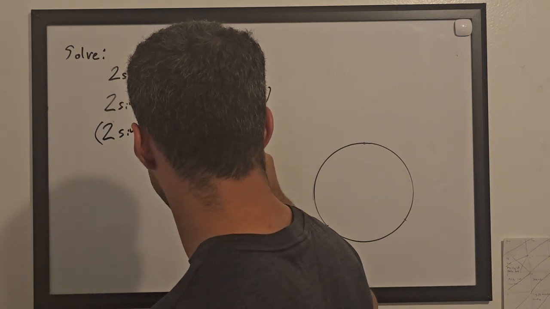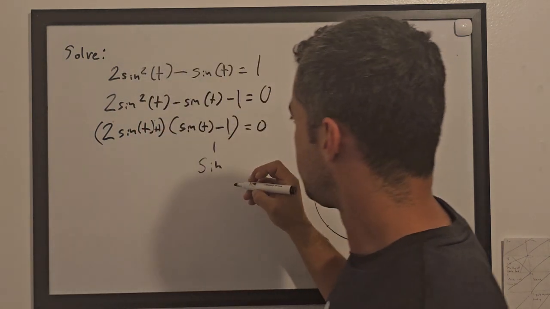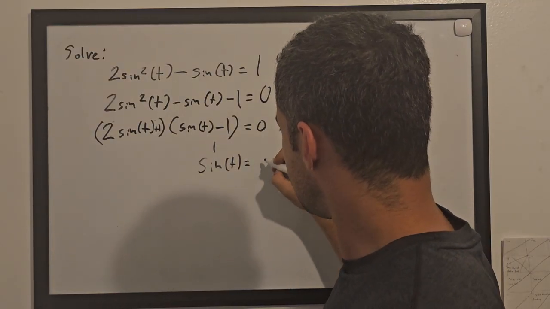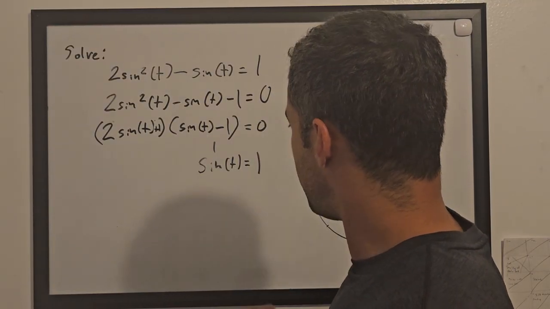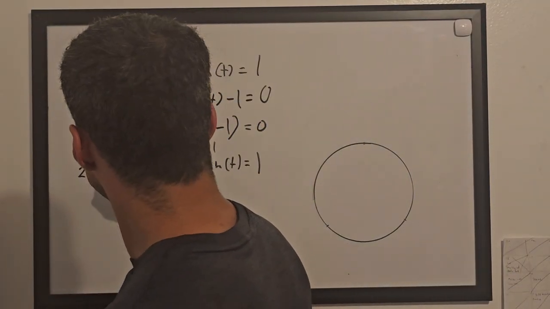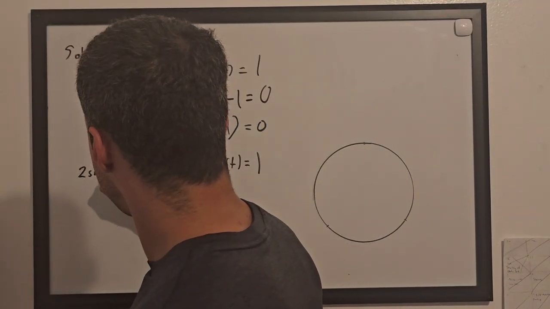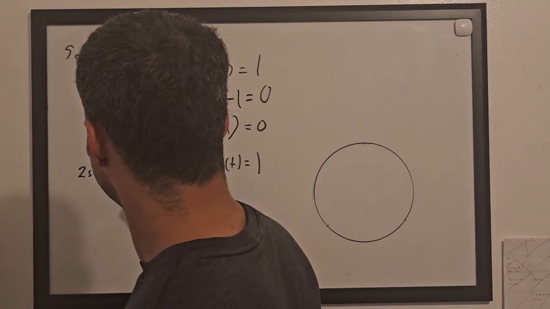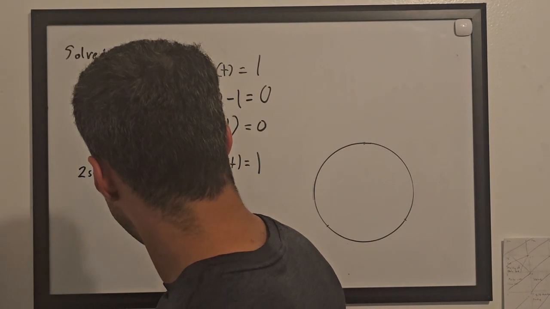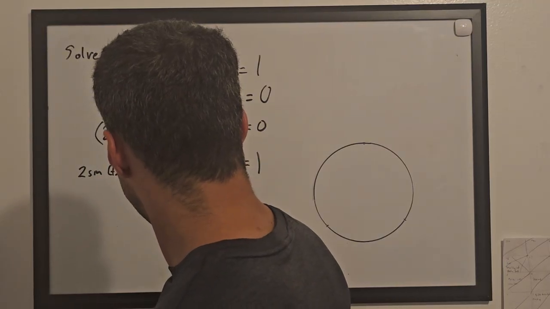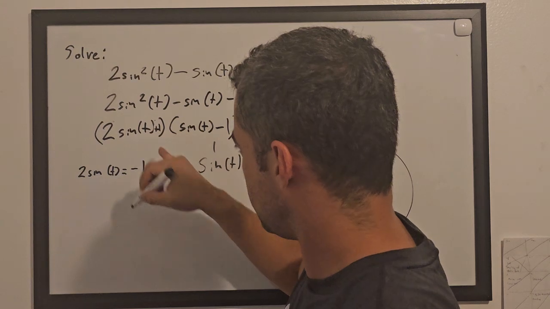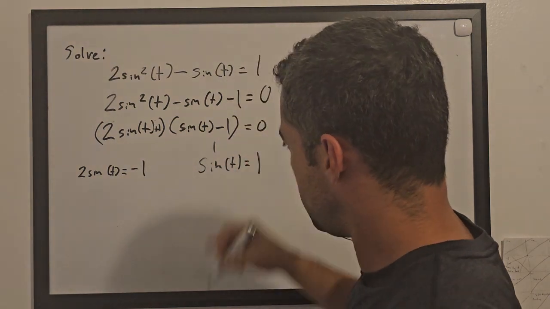This one becomes sin, reference angle t, equals +1, and this one is going to be 2 sin, reference angle t, equals -1, because we subtracted from that 0, that +1 is being subtracted on both sides.